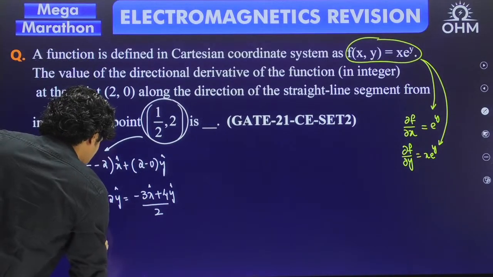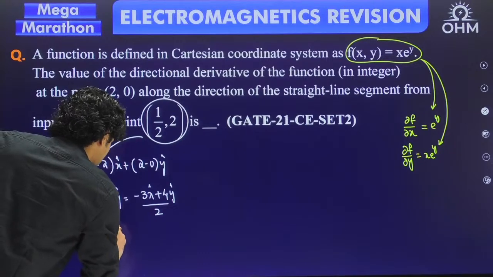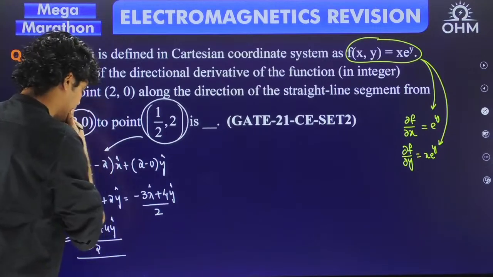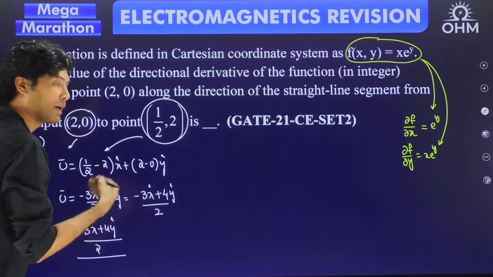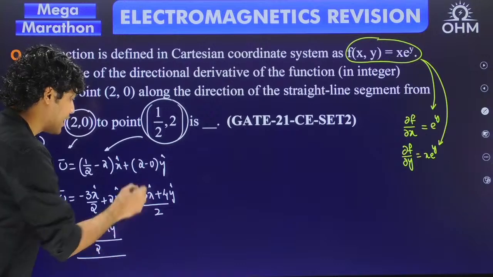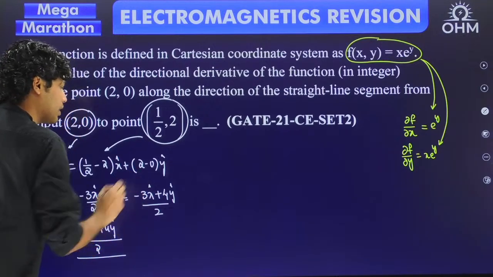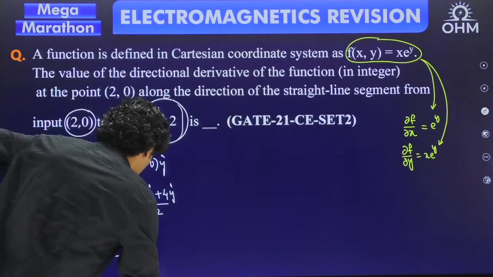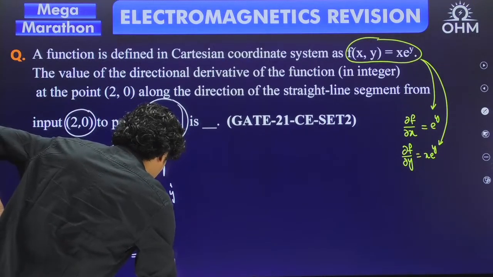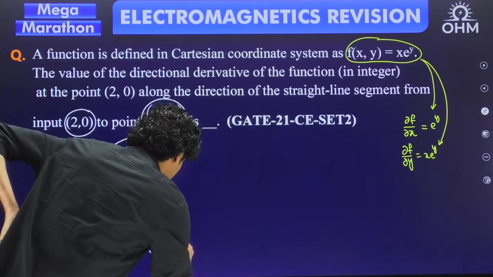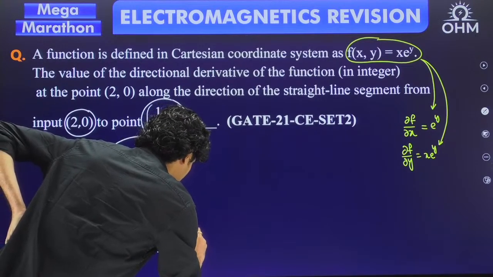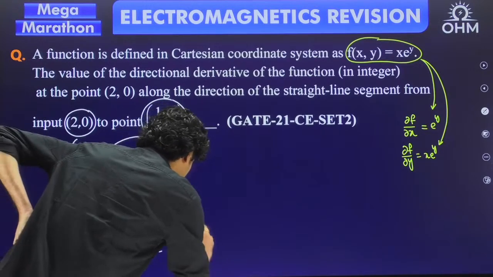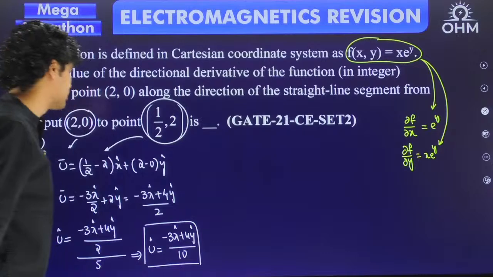So u cap is minus 3 x cap plus 4 y cap divided by 2, divided by the magnitude of minus 3 x cap plus 4 y cap, which is square root of 3 square plus 4 square, which is 5. So divided by 5. Overall we have the expression of u cap equal to minus 3 x cap plus 4 y cap divided by 10. Okay, so I got my u cap.